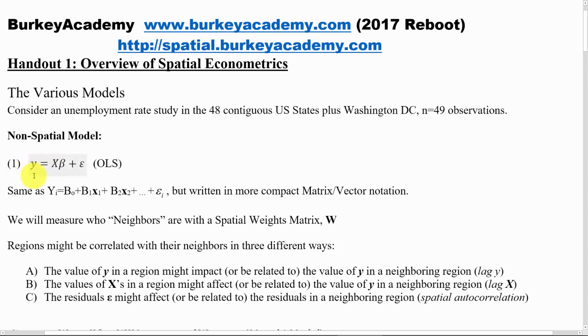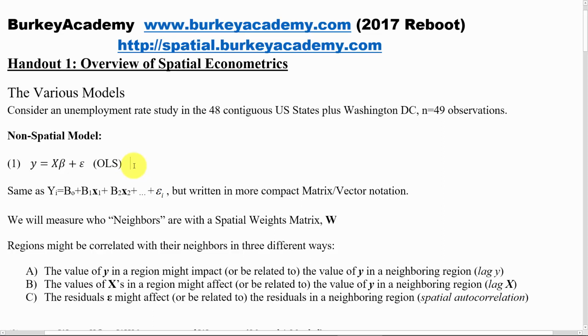But this kind of notation here just says that y, a vector of all the unemployment rates in the various states, can be written as a function of the explanatory variable matrix X, the observed values of those variables, times a vector, a list of all the slopes, beta 0, beta 1, beta 2, etc., plus a vector of all the different error terms of all the different states. So again, nothing spatial there.